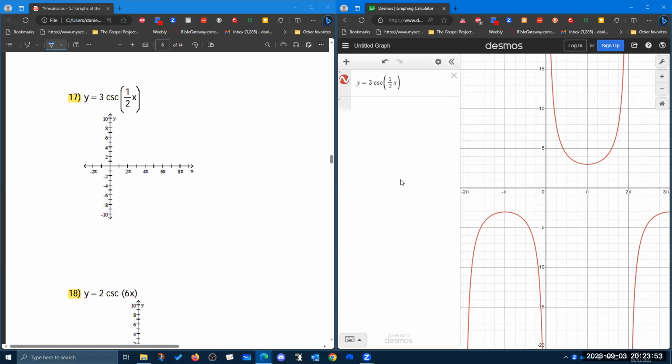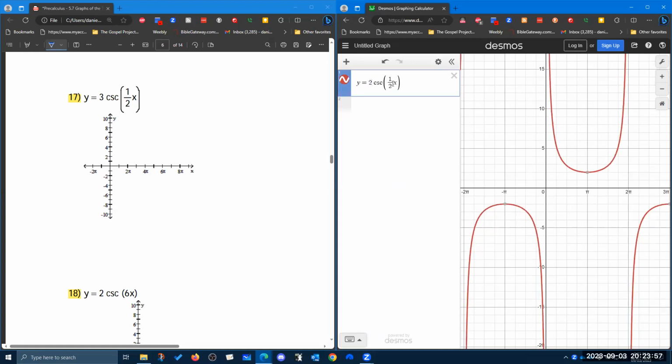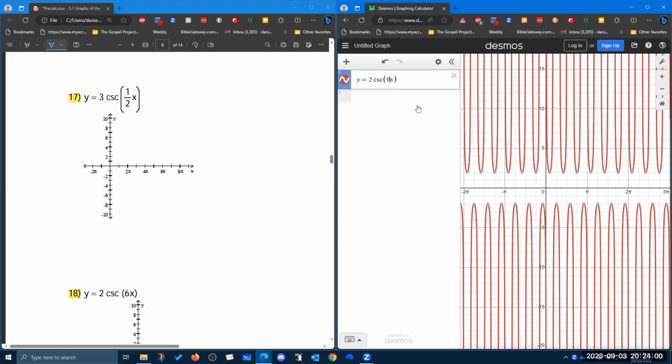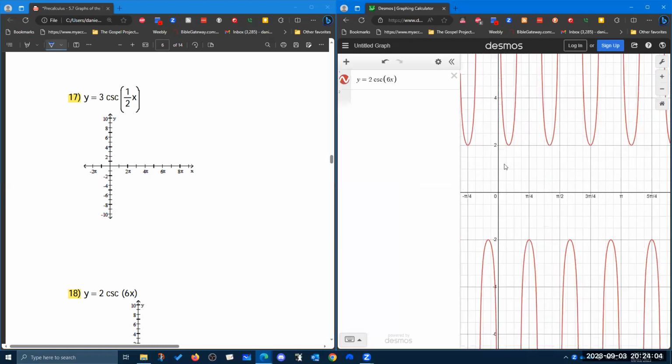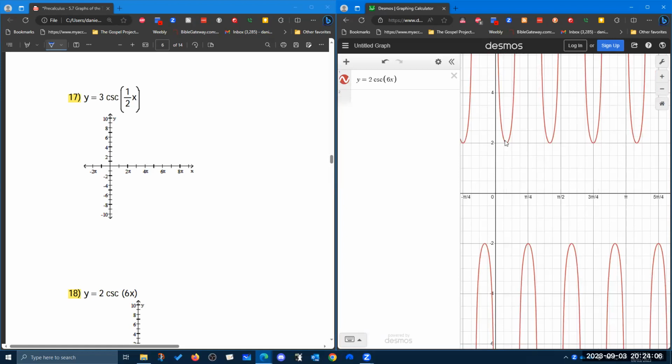All right, now we're going to look at 2 cosecant of 6x, and this is going to be horizontal compression. So I'm going to have to zoom in here to see this one cycle. It had been at pi over 2. Now it's going to be at pi over 12, and then again at pi over 4.